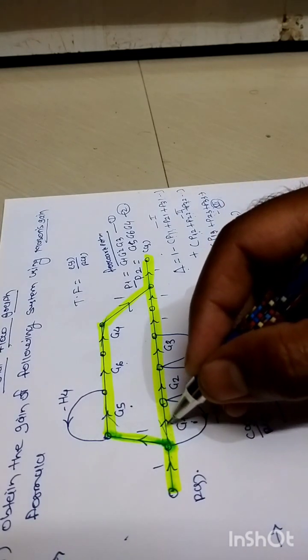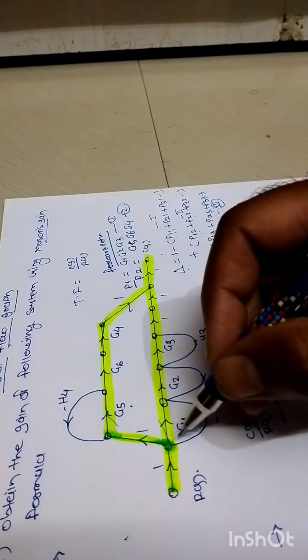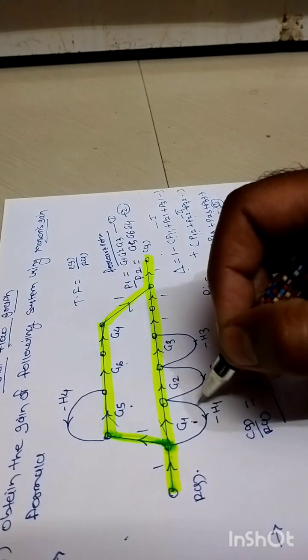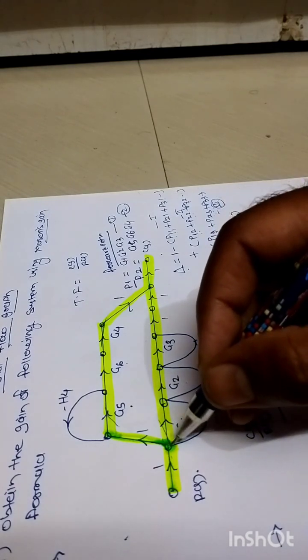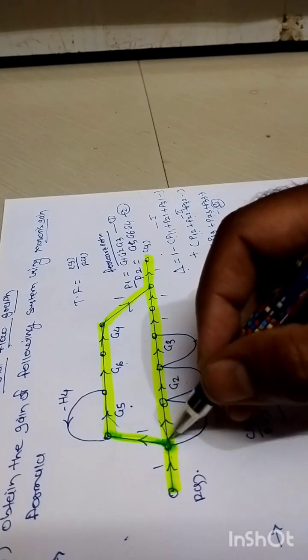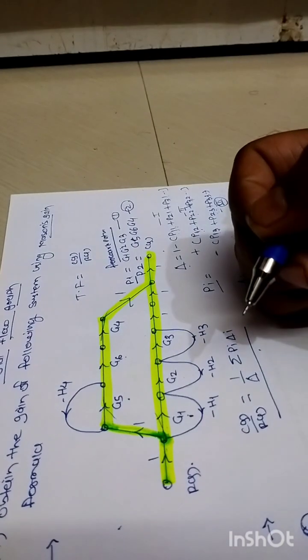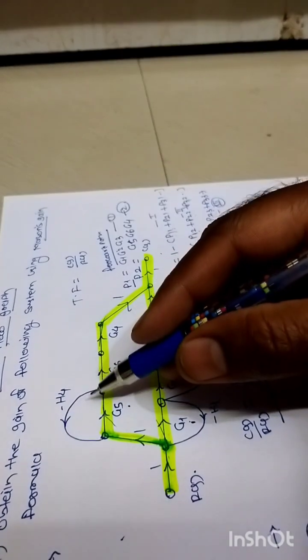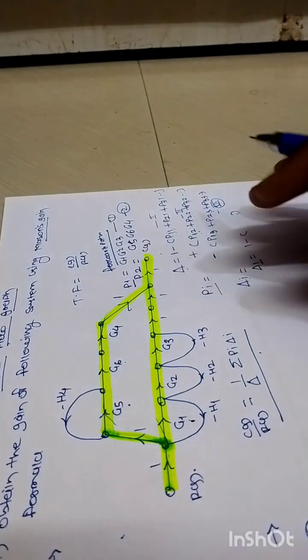Loop means when we start our journey from this node, somehow at the end we come back to the same node from which we started. So that is the first loop. Similarly this will be the second, this will be the third, and this will be the fourth loop.